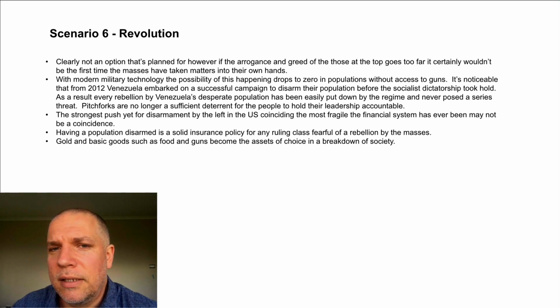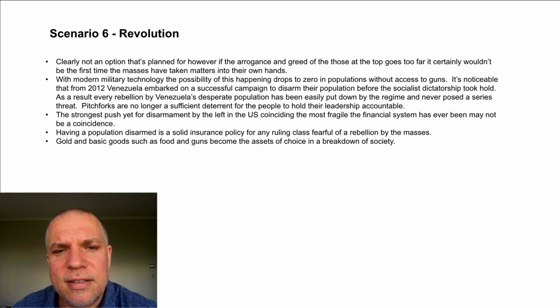You can have them storming mansions and wealthy people getting their assets torn off them and killed. Quite frankly, it's not a nice scenario. It's the one thing that makes me wonder: is this at least a possibility, or is the ruling class at least trying to get a hedge in place to prevent this?